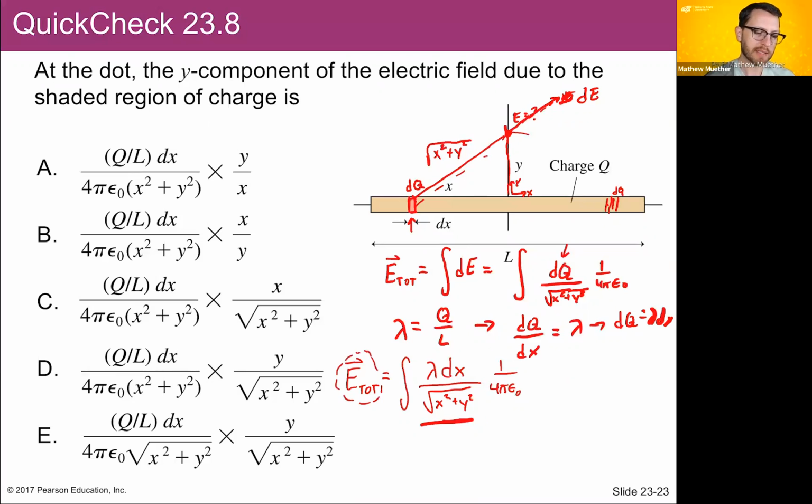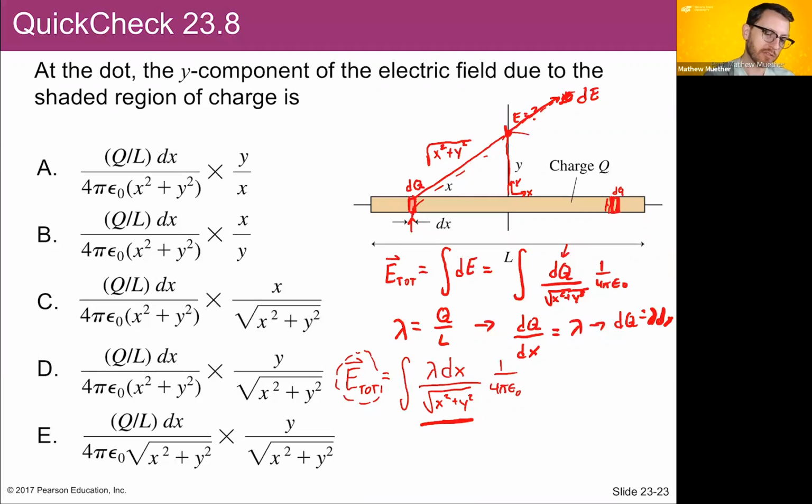But I can make things a little bit simpler by noticing something about the symmetry of this problem. This is a trick to make this integral a little bit easier. For every charge delta Q that I find at a negative value of x, I can find a similar small chunk of charge at a positive x value.